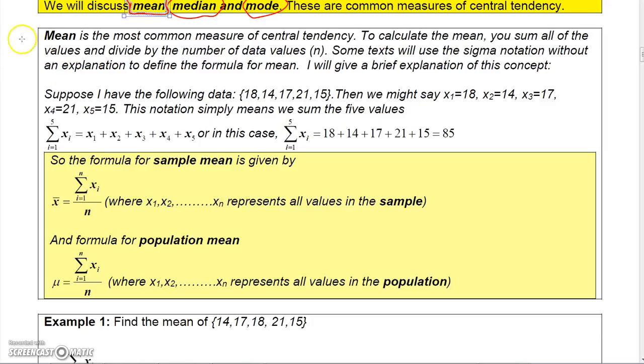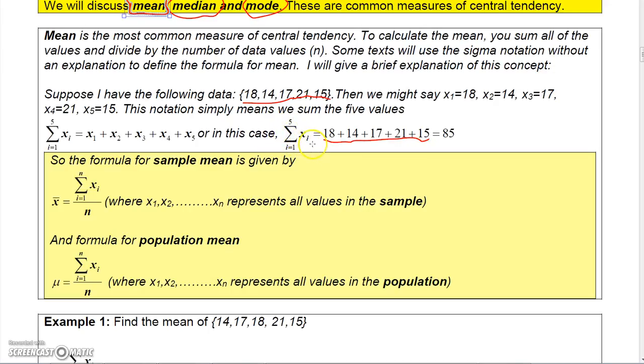So to get the mean of a set of data values, like these 5 values, 18, 14, 17, 21, and 15, all you do is add them up, which is what this Greek letter sigma is telling us. It just means sum.